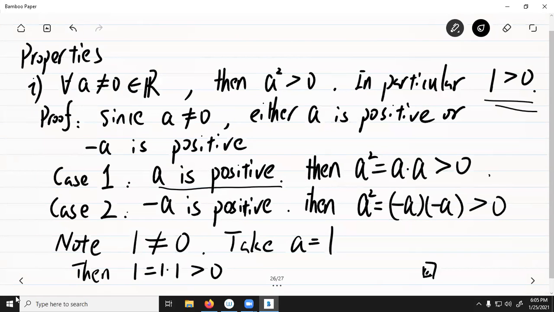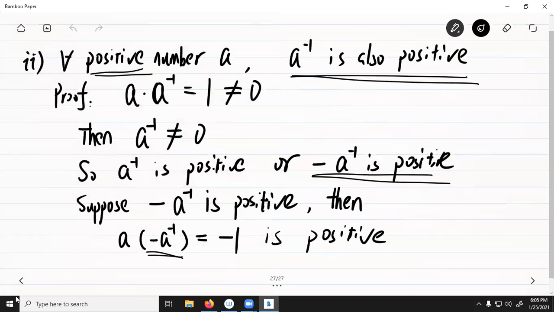So we have the contradiction. This contradicts the result that 1 is positive, or 1 is greater than 0. In other words, the assumption is wrong.